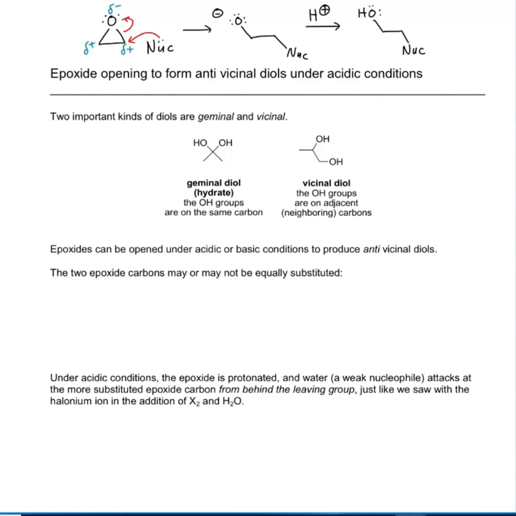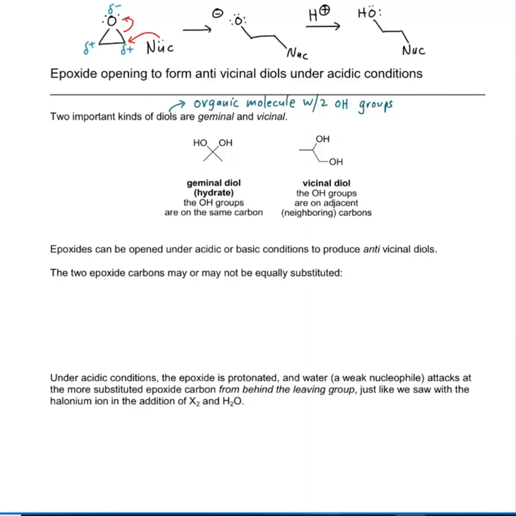Diols are just molecules that have two OH groups. So a diol is an organic molecule with two OH groups in it. And two important classes of these are called geminal and vicinal. A geminal diol is also called a hydrate.